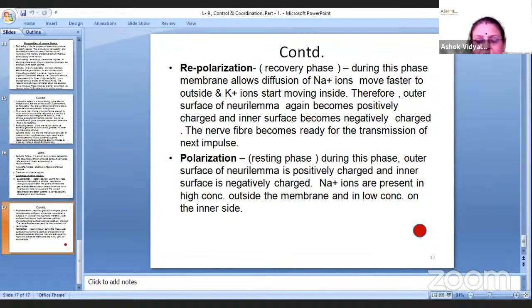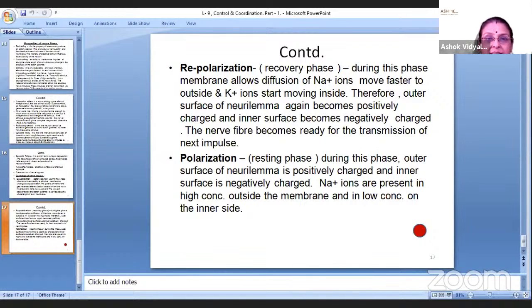Similarly, sequential local circuits are formed along the length of the axon and the impulse is conducted along the length of the nerve fiber. The stimulus inducing permeability to sodium is short-lived. Once the impulse is conducted, the membrane is repolarized. The fiber becomes responsive once again for further stimulation.